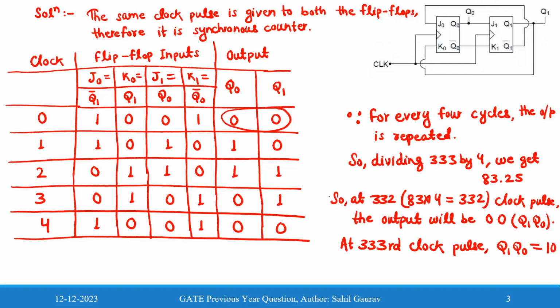Sorry, yeah, it will be 1 0. Sorry, it will be 0 1, because Q1 we have written earlier, so it is 0 1.